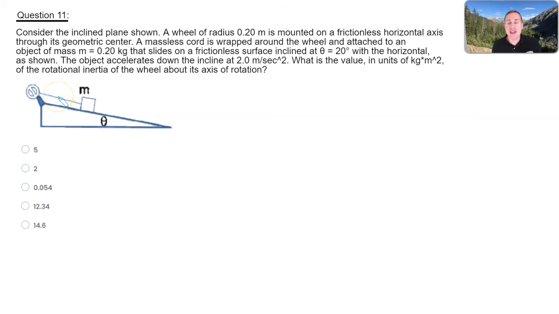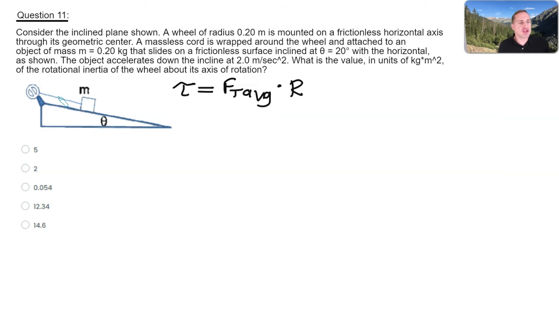In the absence of friction, we could analyze this either in terms of forces and rotational forces or in terms of energy. I think forces is probably going to be the best way. And the torque, remember, is force times the radius, so it should equal the tangential force times the radius for the wheel.